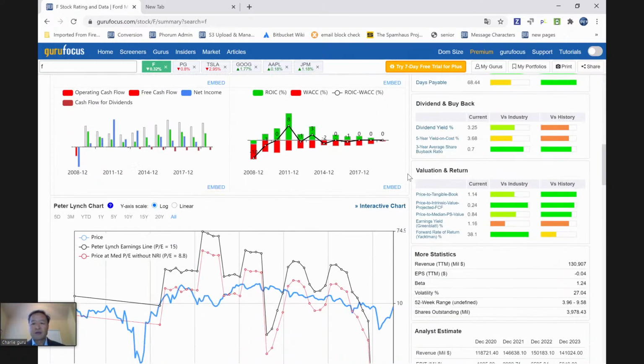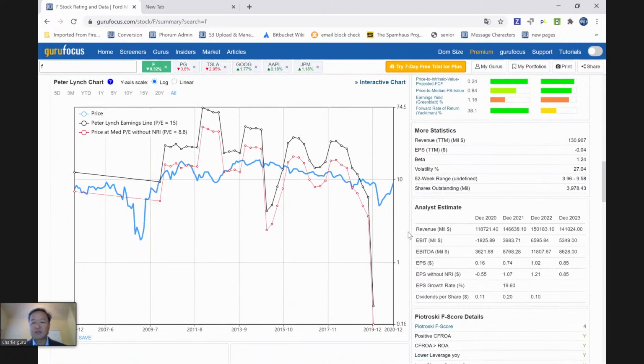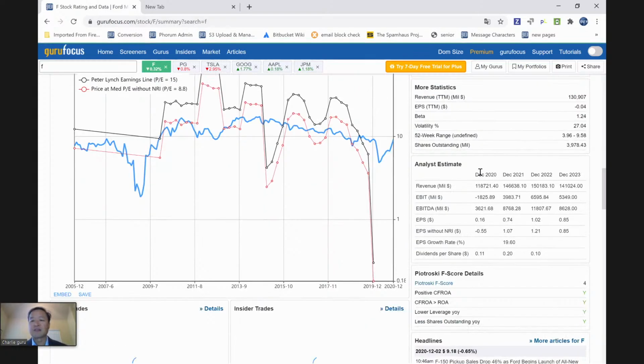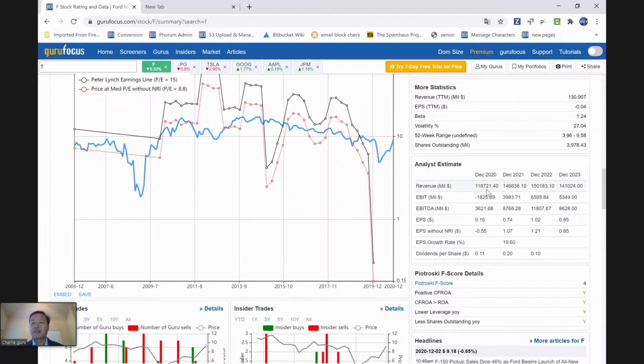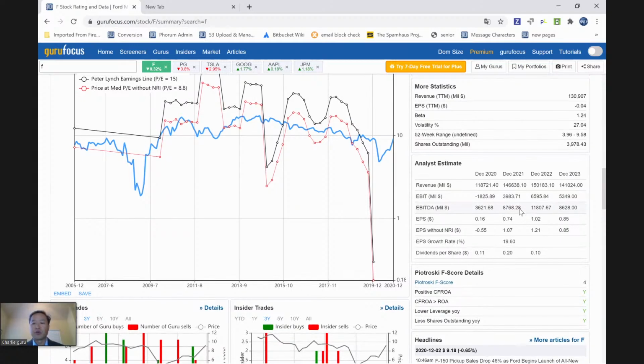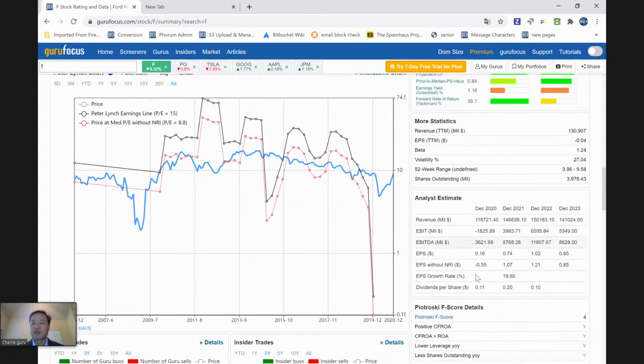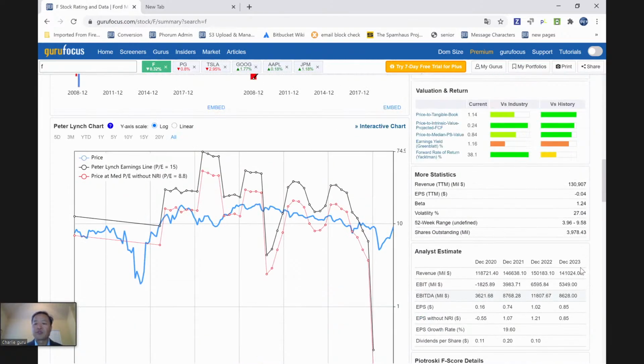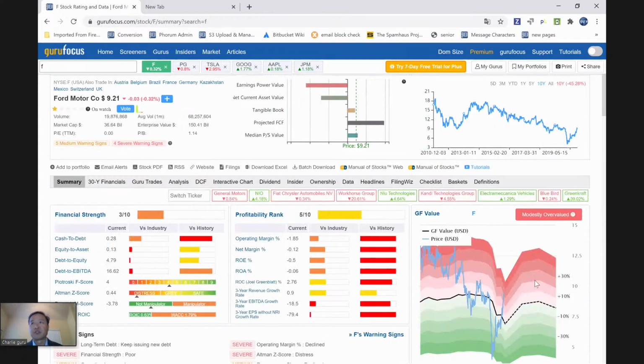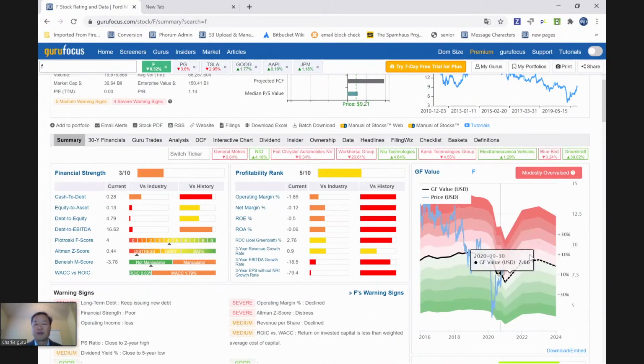Okay, and this is an area that lots of users ask about. It's the analyst estimate part. We have the estimates of revenue and earnings for the next few years, and it's a good number to refer to. We also use these numbers in our work for the future valuation of the GF value line.